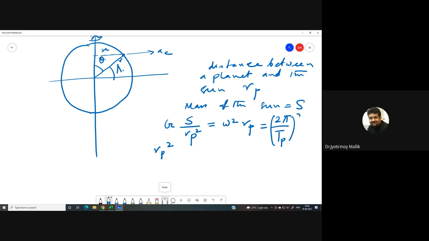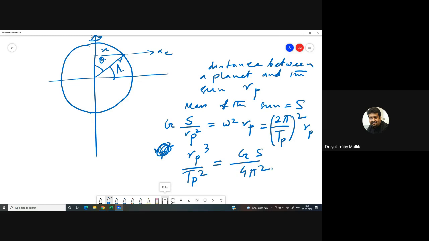So from here, I can write Rp cube by Tp square is equal to G S by 4 pi square.